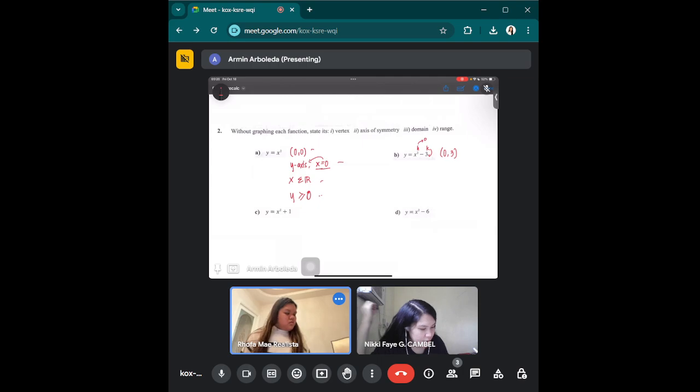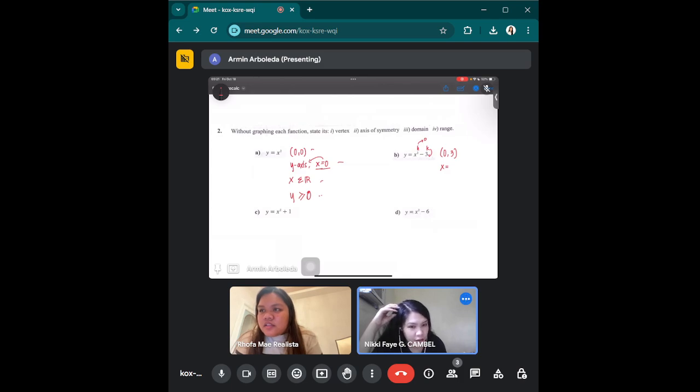How about the axis of symmetry? X equals three. The axis of symmetry is still your y-axis. It's not going to be moving. So it's asking you where it is, like where is it halved? Since it's looking upward and the vertex is about here. Wait, 0, 3. One second.